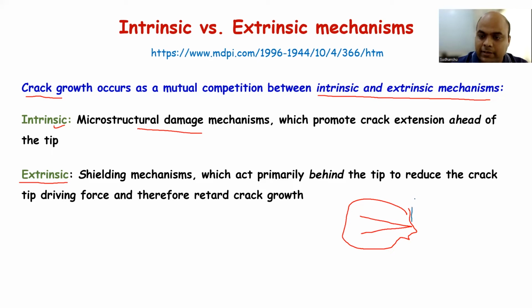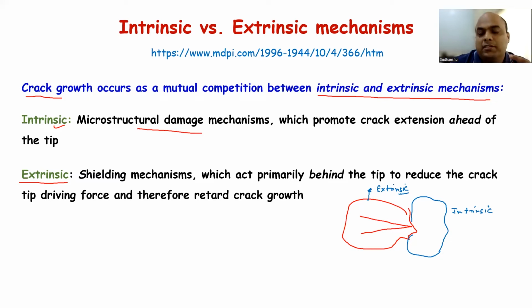So this is, say, intrinsic. And in the wake of the crack tip, or behind the crack tip, you are going to observe extrinsic mechanisms being activated. And these extrinsic mechanisms are the shielding mechanisms.